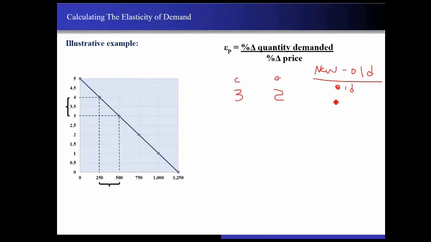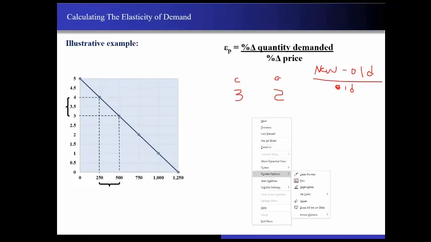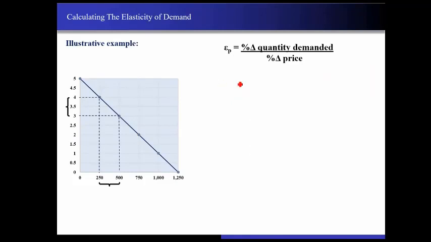Maybe I'll do another example that's a little better. Let's think about gasoline prices. We'll use the 3 and 2 again, but let's assume that gasoline is not expensive. Suppose that yesterday, the price of gasoline was $3 a liter, and today it's $2 a liter.